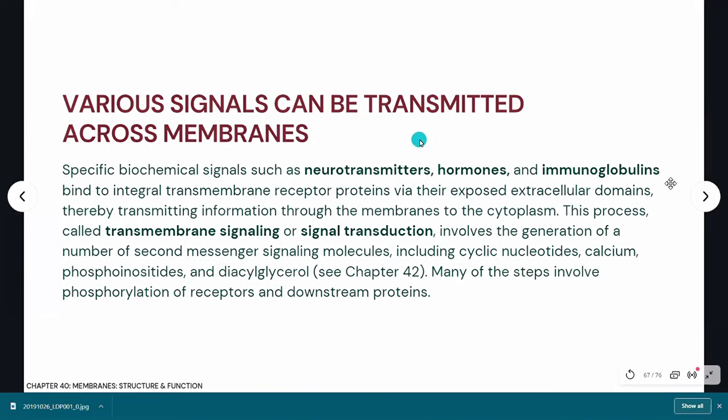Various signals can be transmitted across membranes, signals such as neurotransmitters, and then, of course, hormones and immunoglobulins. They bind to the integral transmembrane receptor proteins, and they can become transmembrane signaling, signal transduction.